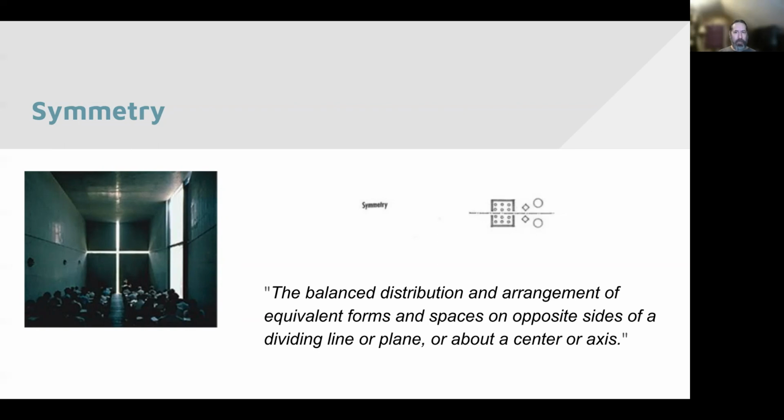Too much symmetry can make things boring and samey, but providing symmetry gives our brains a way to grasp complex structures. So we use symmetry a lot. We'll be talking about more complex forms of symmetry when we talk about Christopher Alexander's 15 fundamental properties of wholeness, in a future class. But this is the basic concept.